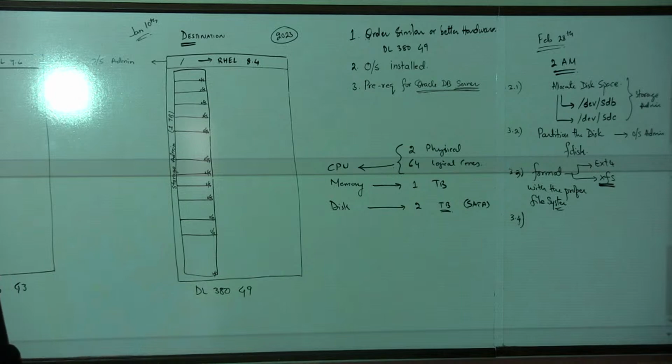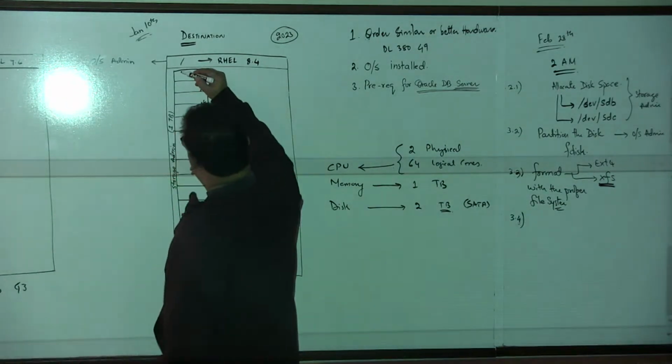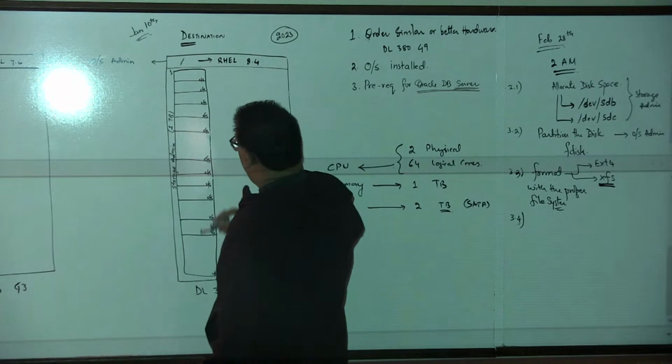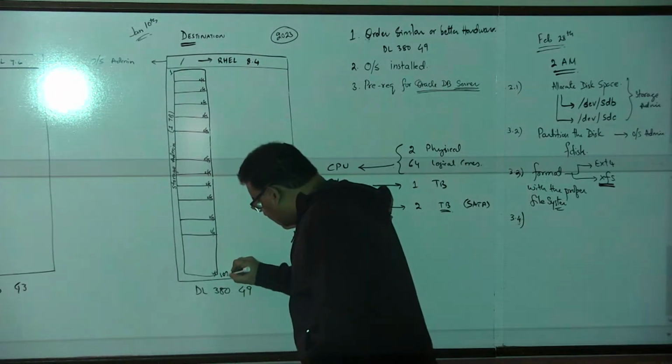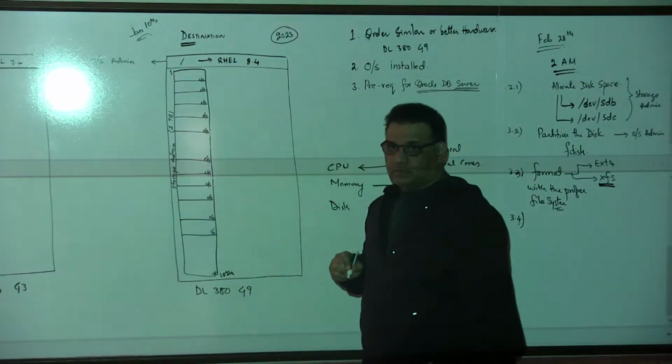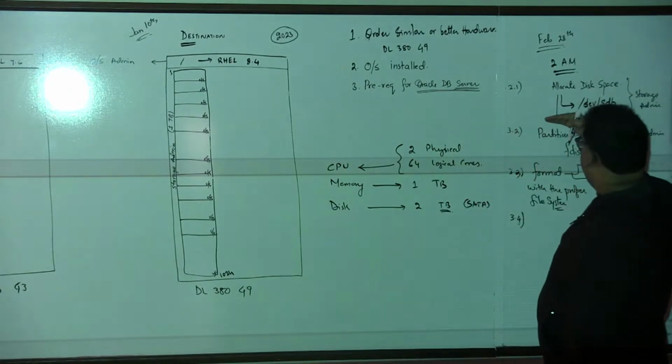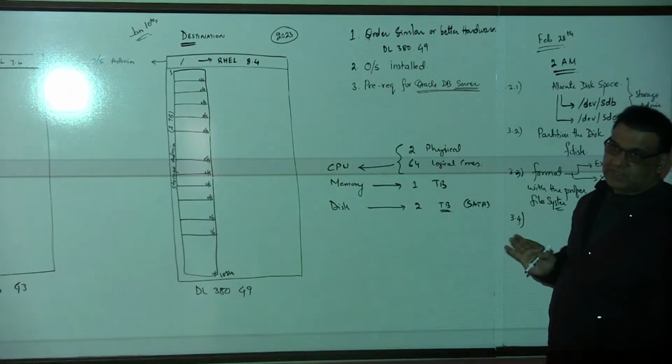What do we need next? Allocate space. We already allocated the space when we partitioned, from 1 to 124 gigabyte. We already partitioned based on whatever numbers we had there.